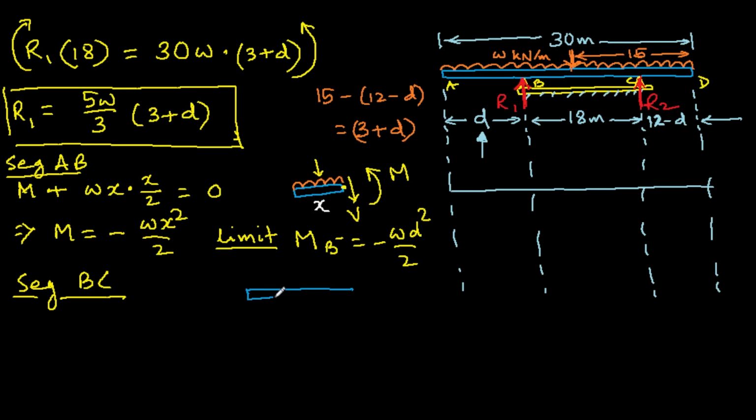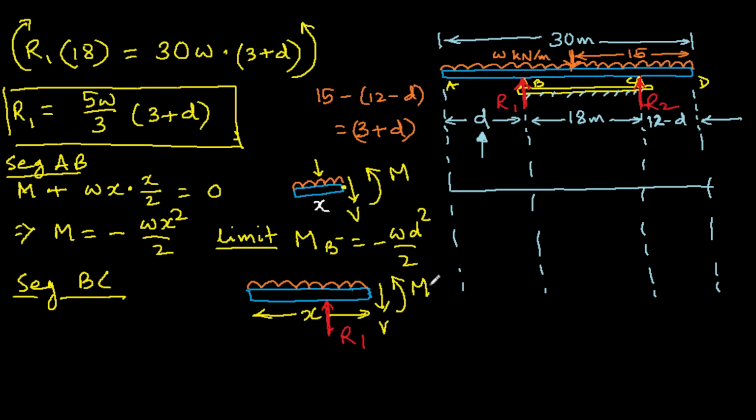Suppose this is my cross section, and this is the x, and here somewhere the reaction R1, and as usual V here and M here.